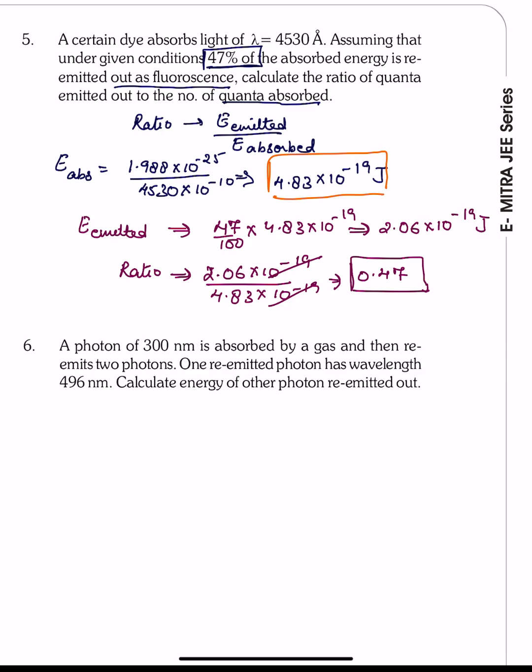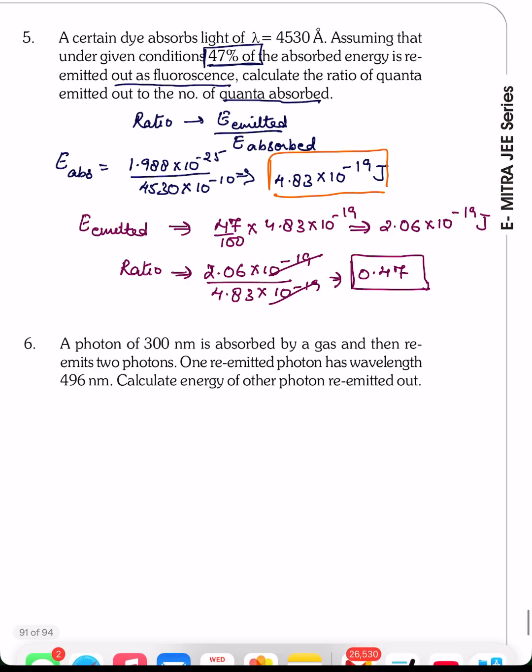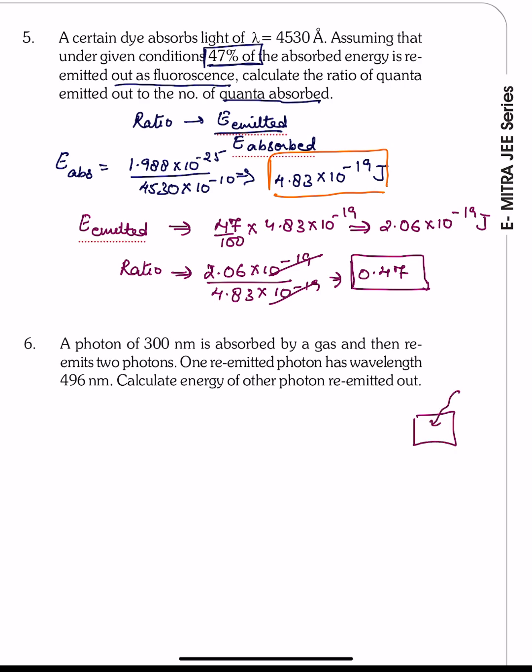Question number 6 says a photon of 300 nanometer is absorbed by a gas and then re-emits two photons. One re-emitted photon has wavelength 496 nanometer. Calculate the energy of the other photon re-emitted out. Okay. The question is quite simple. What is given is that you have a gas and this gas is exposed to some radiations.